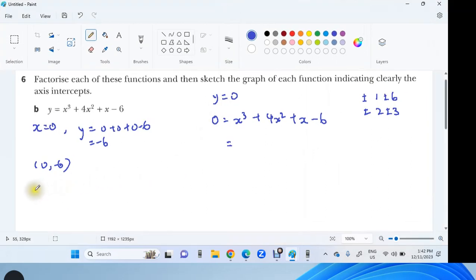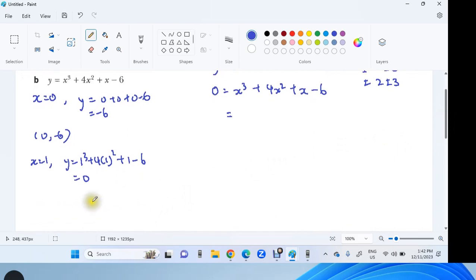So we know that x equal to 1, then y is 1 power 3 plus 4 times 1 squared plus 1 minus 6. Then it is 0. So x equal to 1 is one of the roots. So x minus 1 is one of the factors.